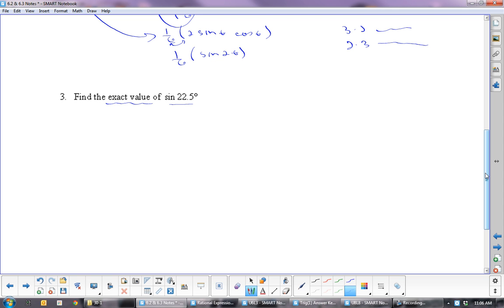What would we multiply by 2? Okay, so this is where we're going to use our half angle identities.